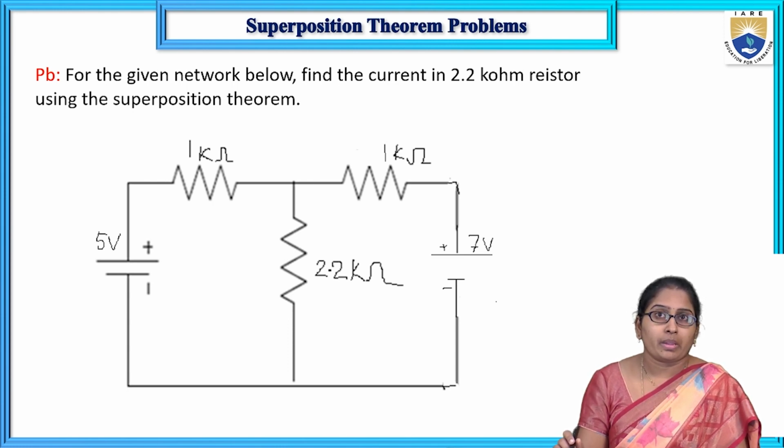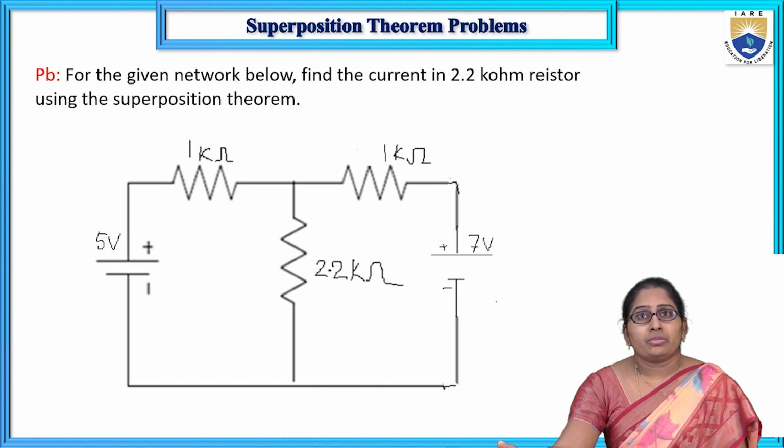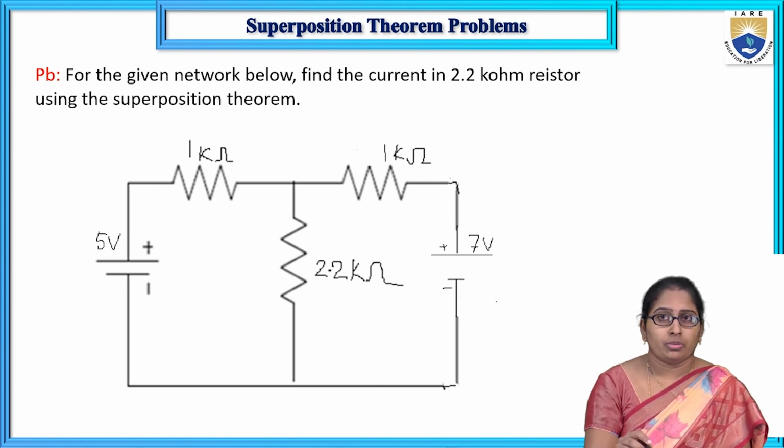Solving a problem. For the given network below, find the current in the 2.2 kilo ohm resistor using the superposition theorem. So we can see the circuit here.